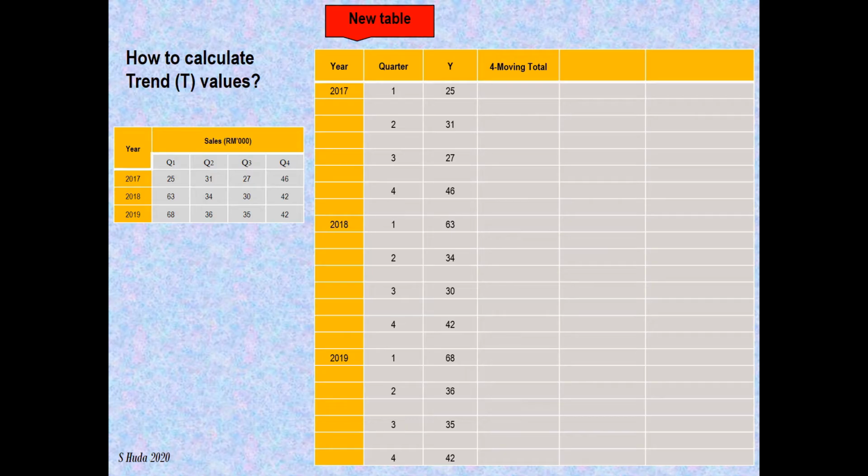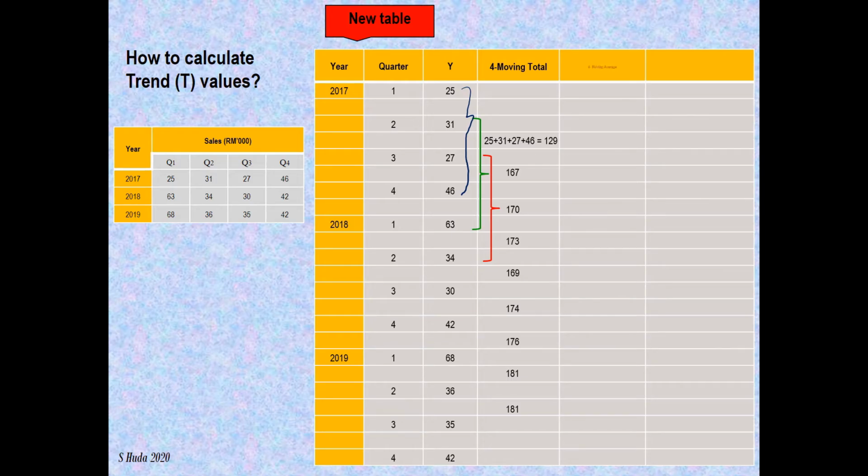Because you have 4 quarters. Let's say you have 6 data, so you add 6 by 6. Based on the example, you need to add 4 by 4. So 25 plus 31 plus 27 plus 46 equals 129, placed in the middle position. Next, calculate the rest of the moving total values.